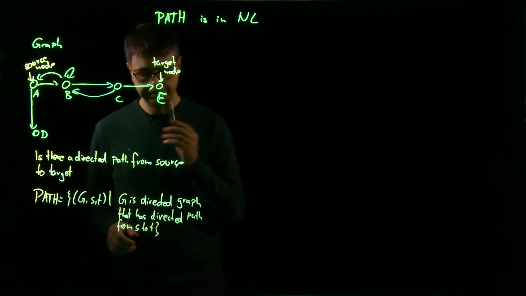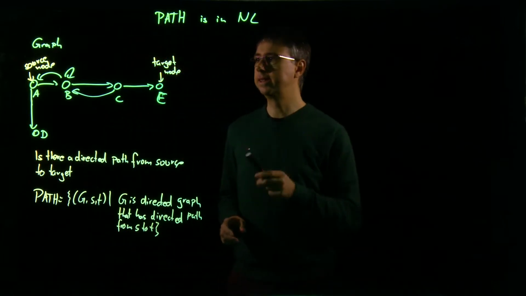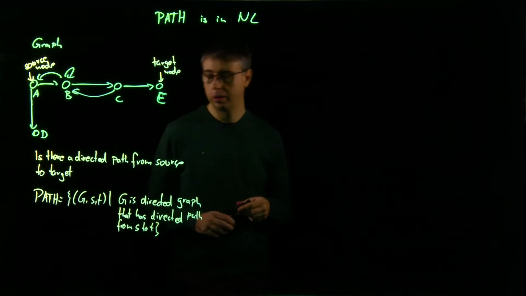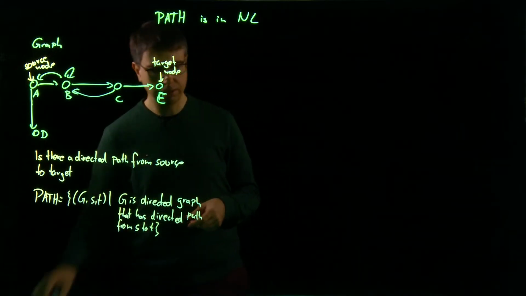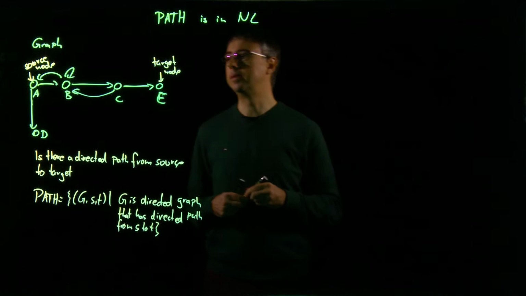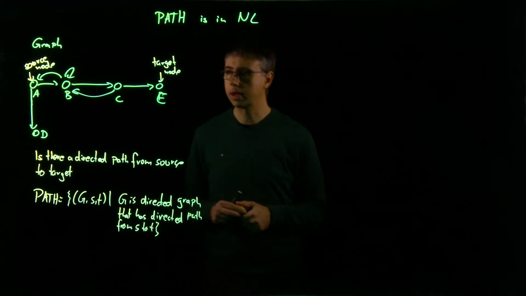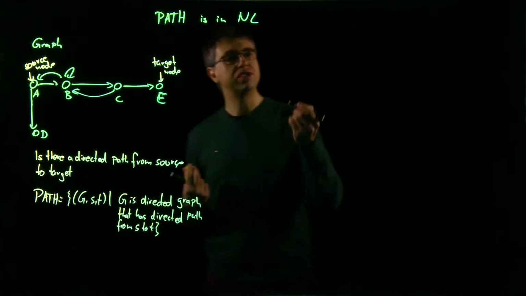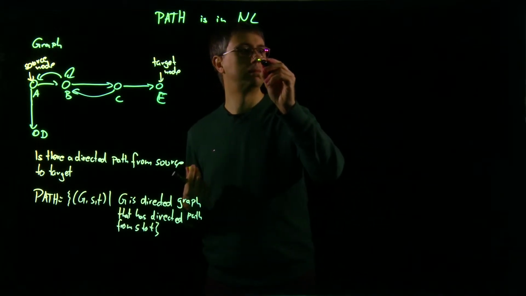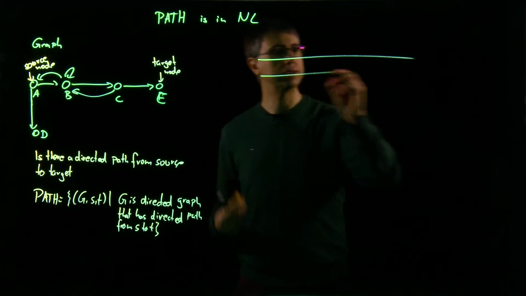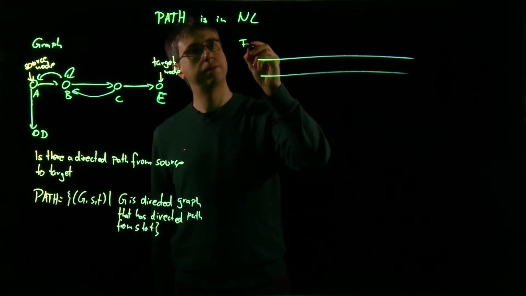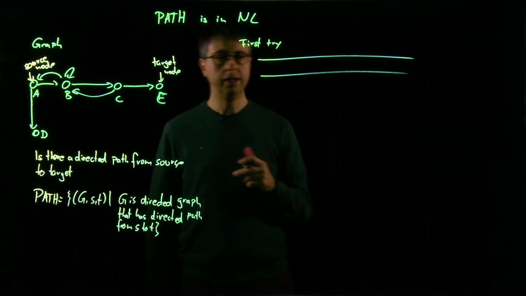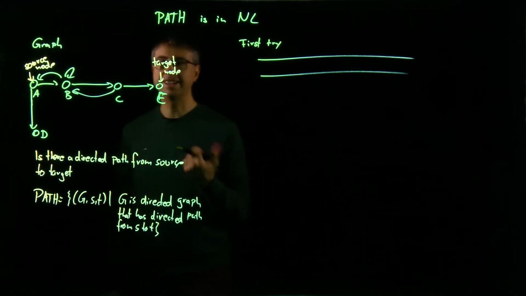Okay, so why is this problem in NL? How can we actually construct a Turing machine that decides this problem with logarithmic space? The first idea, or first try, is that we simply guess a path.